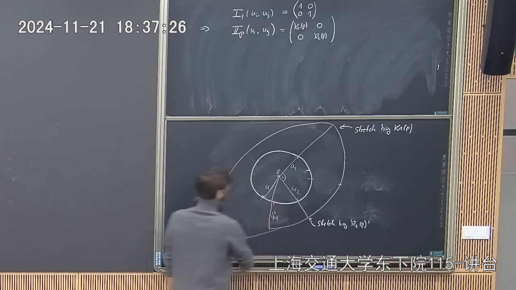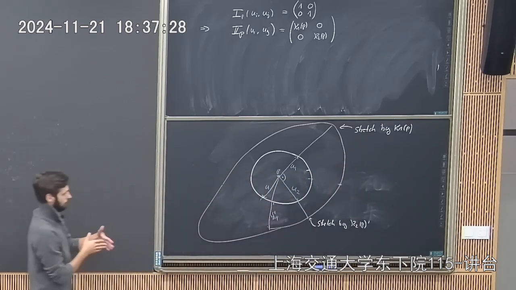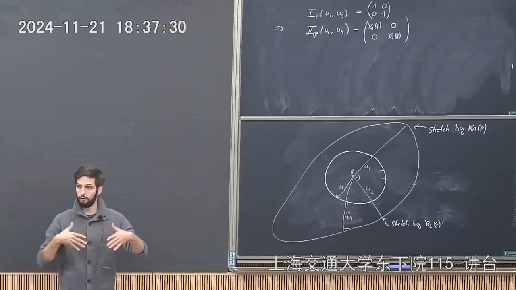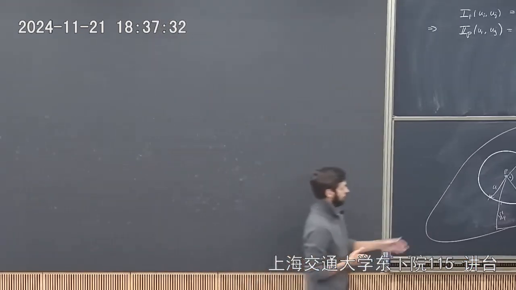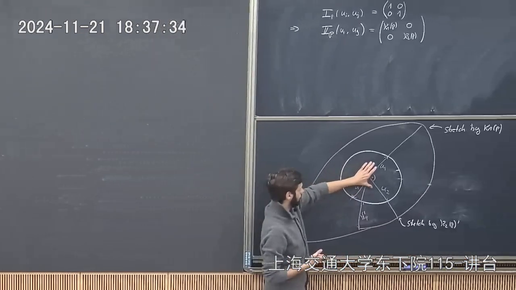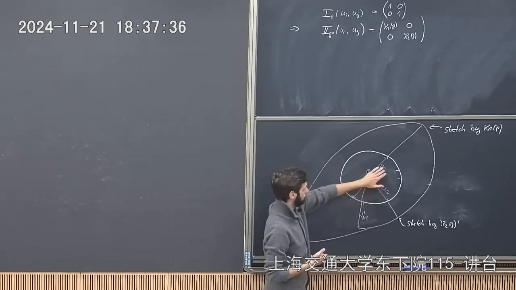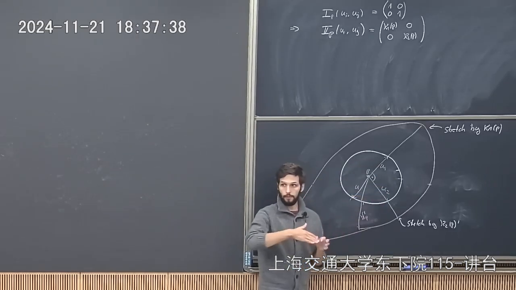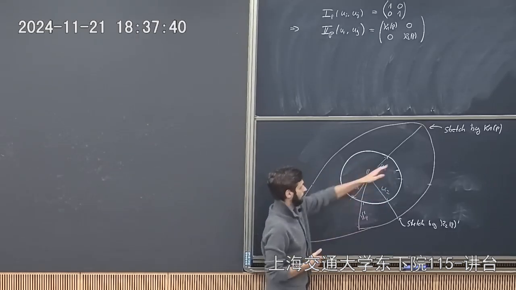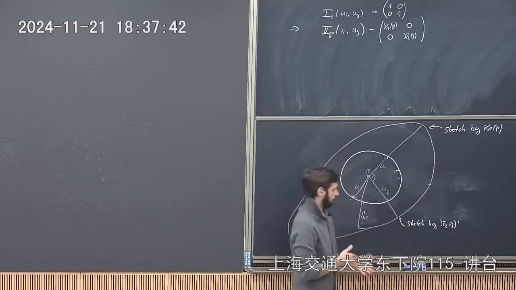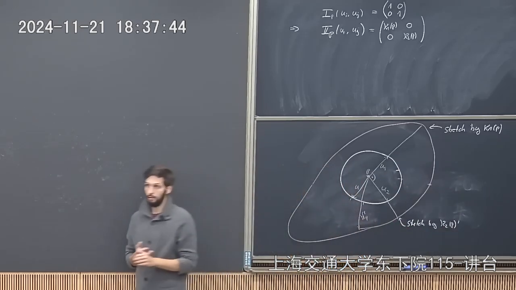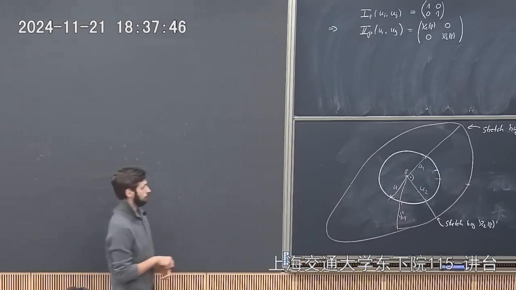And then every other vector, you can just imagine as applying both of these things, where we essentially expand them as a linear combination of these two vectors, and then stretch one of the coordinates by kappa 1 and the other one by kappa 2. So that's how we get our ellipsoid.